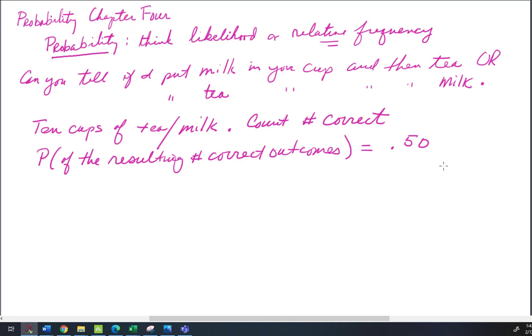But let's just suppose that our nice gray-haired lady came up with an outcome that had a probability of occurring of say only 4% of the time, or 0.04 as a decimal. Well, that's pretty surprising. If the assumption is she has no ability to tell the difference between what went in first, tea or milk, then whenever we gave her 10 trials, she came up with a number correct that would only happen 4 times out of 100 if she had no special powers.